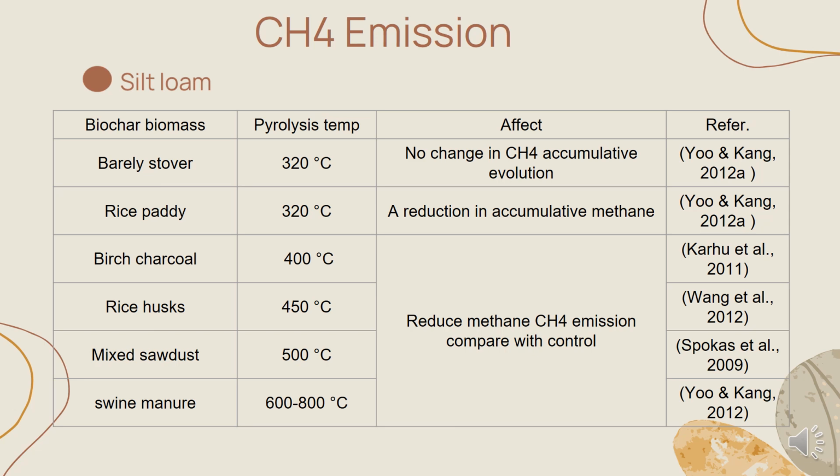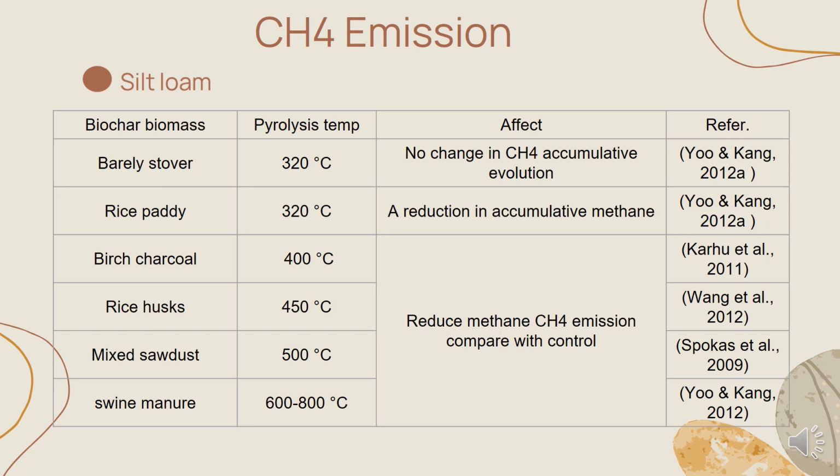Also, the research in silty loam soil after applying biochar shows that the emission of methane was lower than the control treatment. However, at low pyrolysis temperature, the methane emissions did not show a significant difference compared with the control treatment.